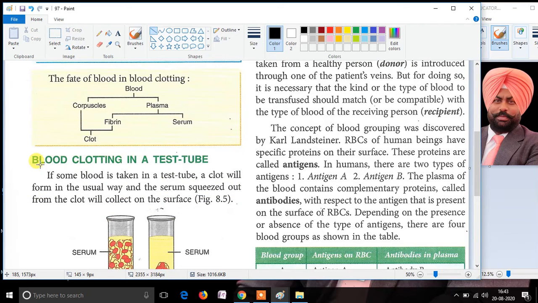Moving on further, let's discuss an experiment for blood clotting in a test tube.